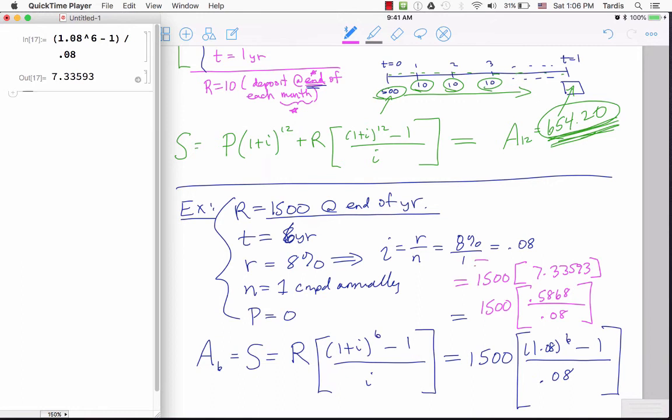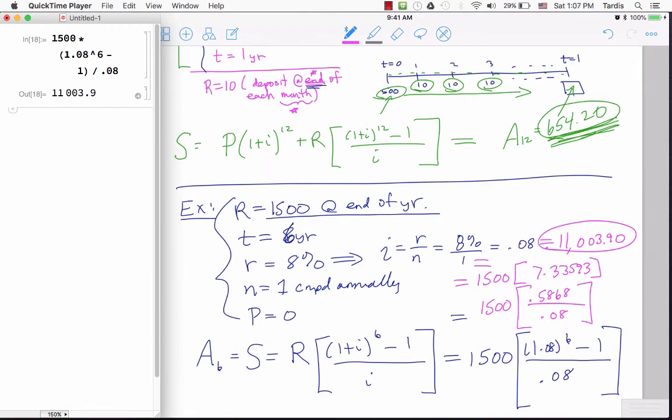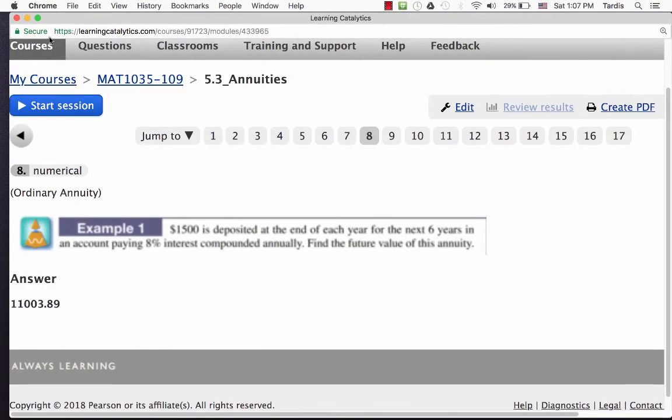Then multiply that by 1,500, and you get $11,003.90, which was the answer we were looking for.